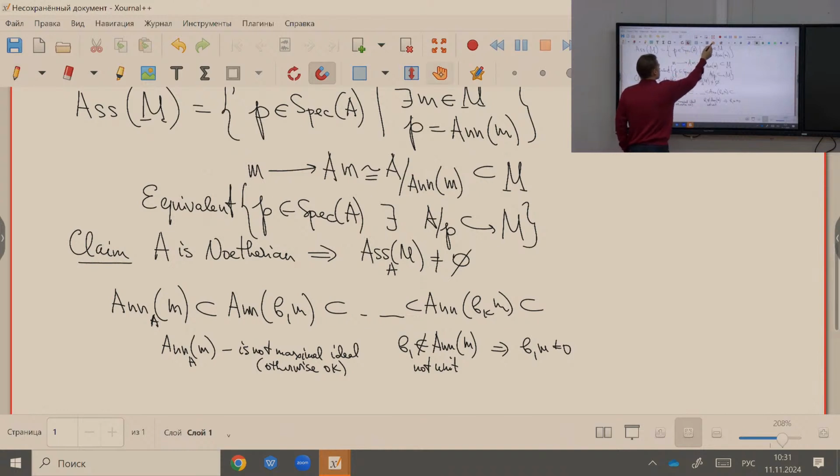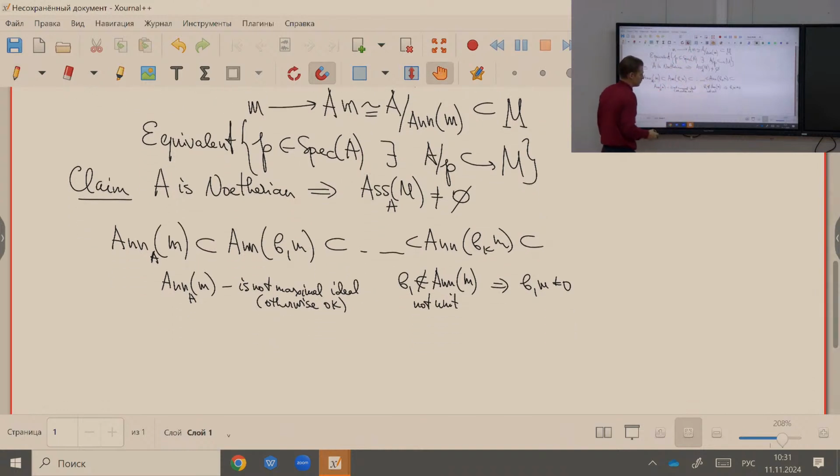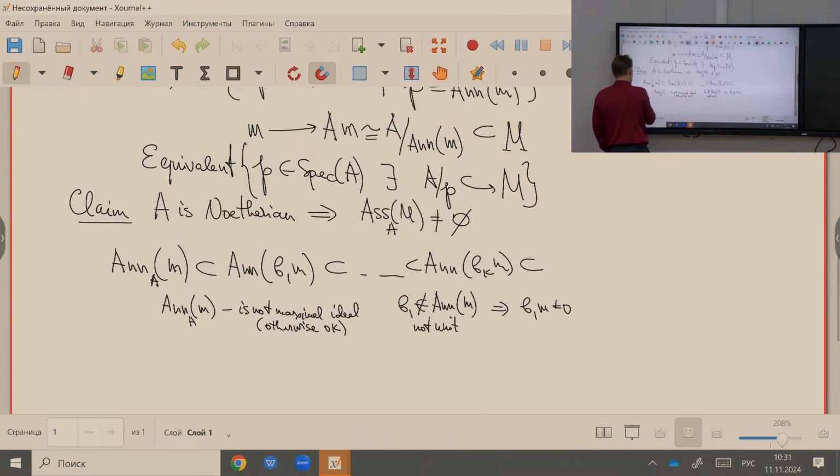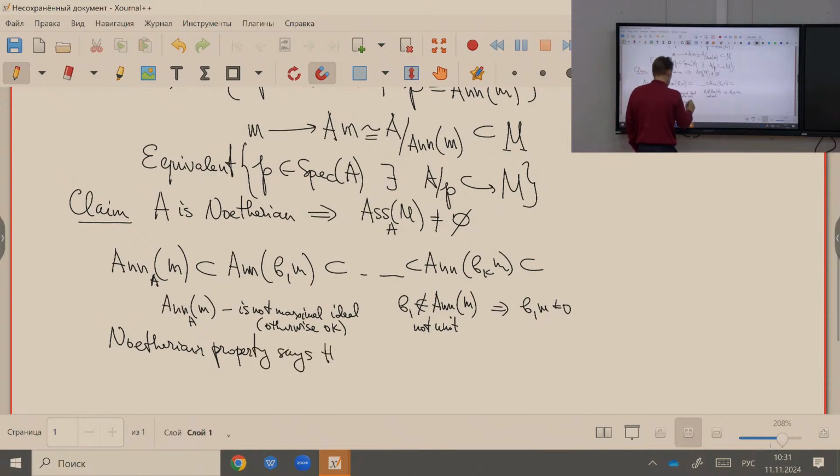And I claim that if you take a maximal element of this form, where you cannot write it as bk times m, the Noetherian property says that this chain stabilizes.